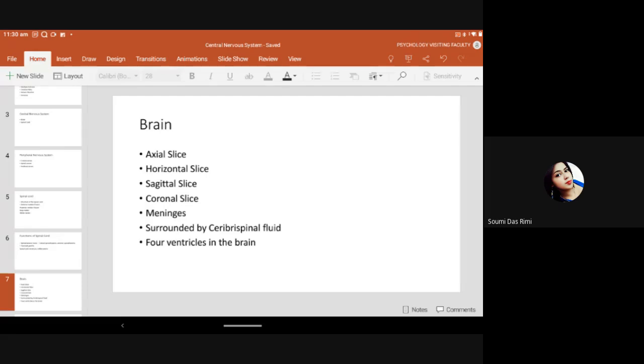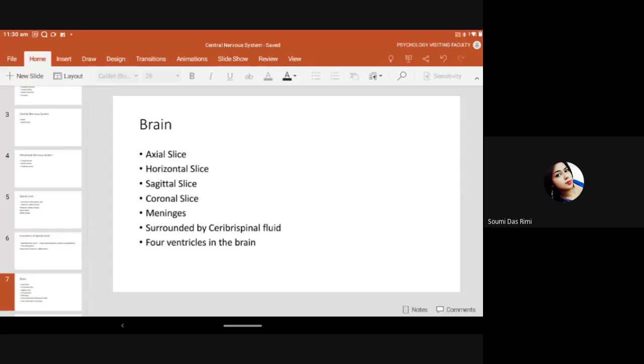Now, let us see. You all know that an adult brain is a large organ. It is the controlling system of the whole body, and it weighs approximately 1.5 kg in an adult person, and it is a very soft, jelly-like substance.